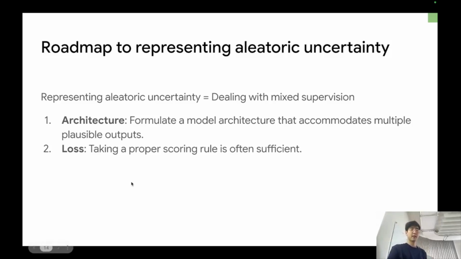And here, again, the proper scoring rule pops out because it's eventually about fitting a distribution, and for fitting a distribution, a proper scoring rule is just giving you an answer for that. So eventually, it's going to be an architecture which is accommodating different predictions from the model, and a loss function which is just a proper scoring rule for the ground truth variations.